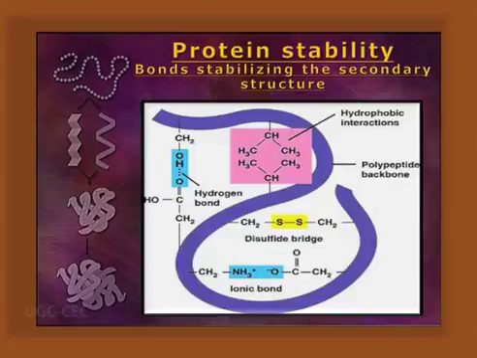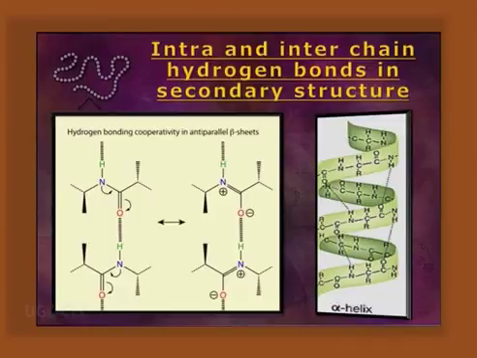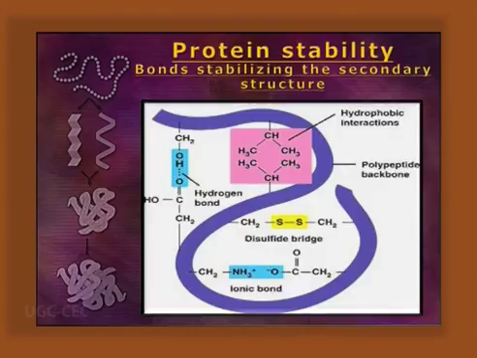Protein stability. To stabilize the protein secondary structure, there are different types of bonding. What are they? Hydrogen bonding. In case of alpha helix, we can find intra-chain hydrogen bonding. In case of beta sheet, inter-chain hydrogen bonding is present, as well as the polar capping on either end of the alpha helix, made by differential hydrogen bondings, as well as hydrophobic interaction, CH2.